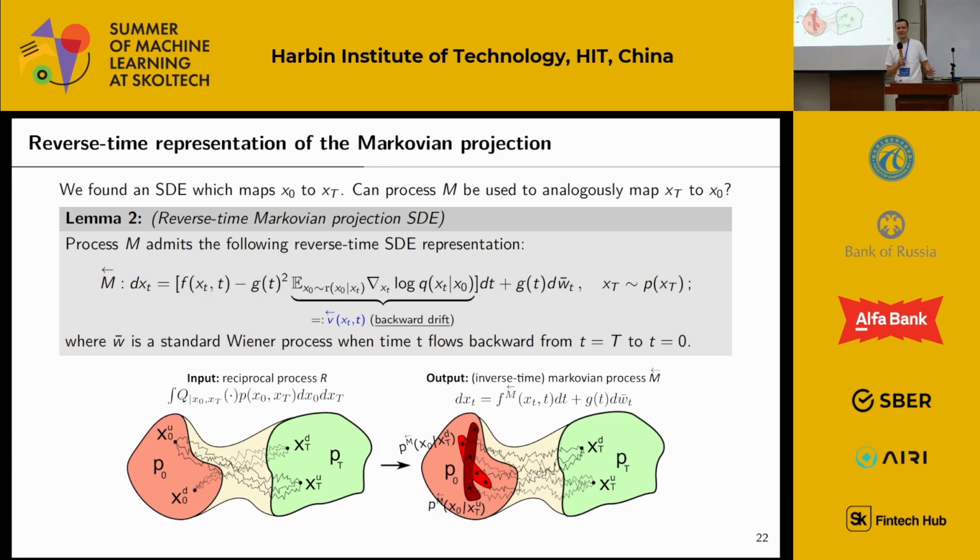Essentially, this is absolutely the same stuff, but using different terminology. So this is why it is important to understand how these concepts are related. So the short story from this slide is you can write down your Markovian projection stochastic differential equation in backward time. It will be the same random process, but just a different formula because it's a stochastic differential equation in backward time. That's it.